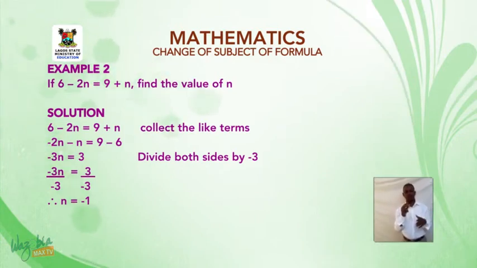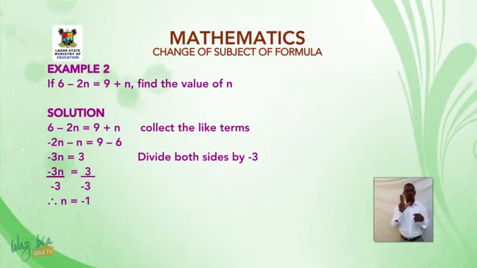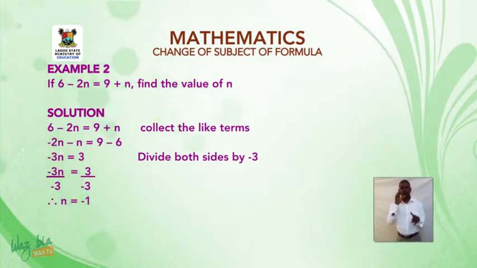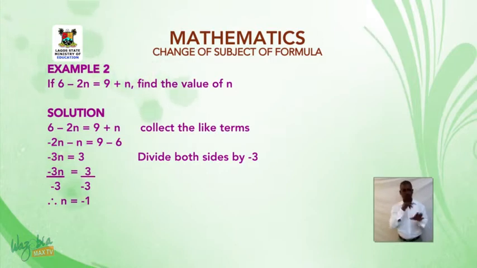Minus 3n is equal to 3. Divide both sides by minus 3. Minus 3n over minus 3 is equal to 3 over minus 3. Therefore, n is equal to minus 1.